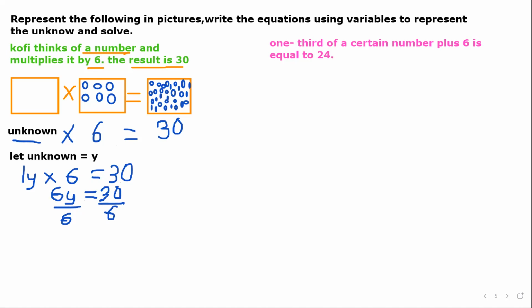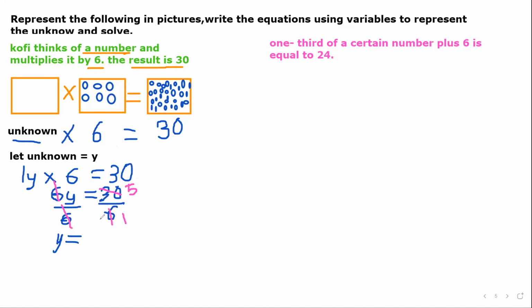Now, this 6 will cancel this 6. Now, y is free, which is equal to, then this 6 goes here 1, 6 goes here 5.